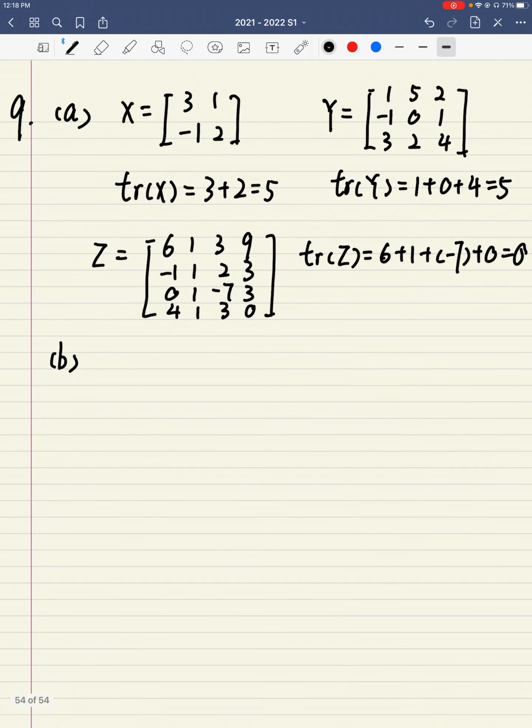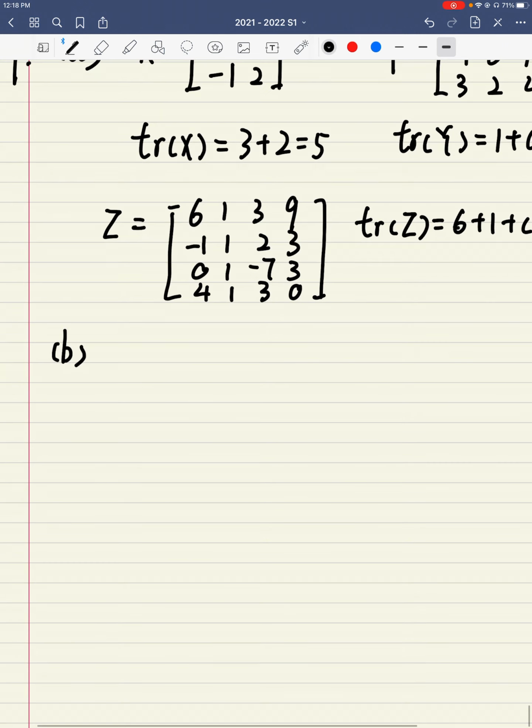Easy to understand. Then for A, express trace A in terms of Aij. Let's say A is a general matrix. The first row, first column is A11, A12 all the way to A1n.